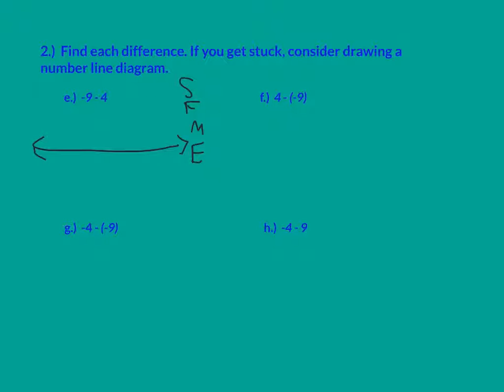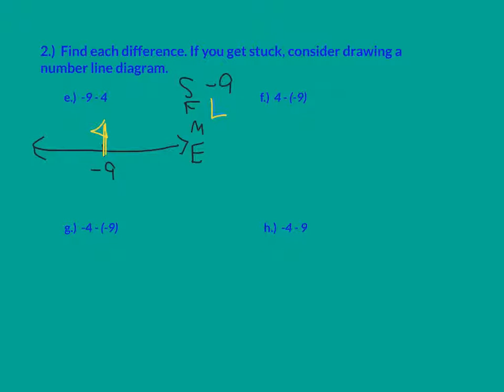I'm starting at -9, so that's what's going to go in the center of my number line. I am subtracting, so I know I'm going to face to the left. I don't like that color with this background. So here I am starting, and I'm facing to the left.